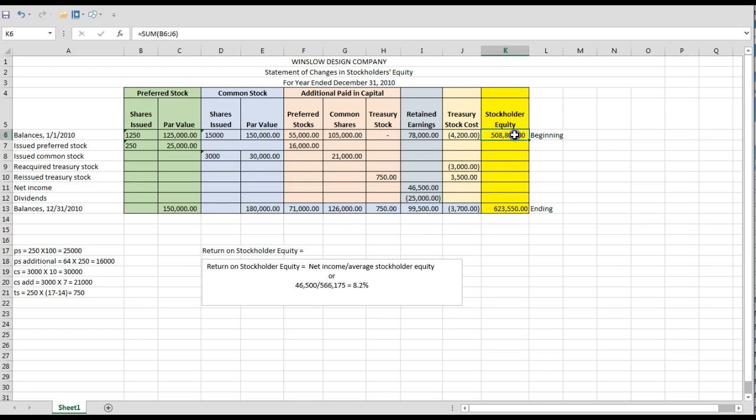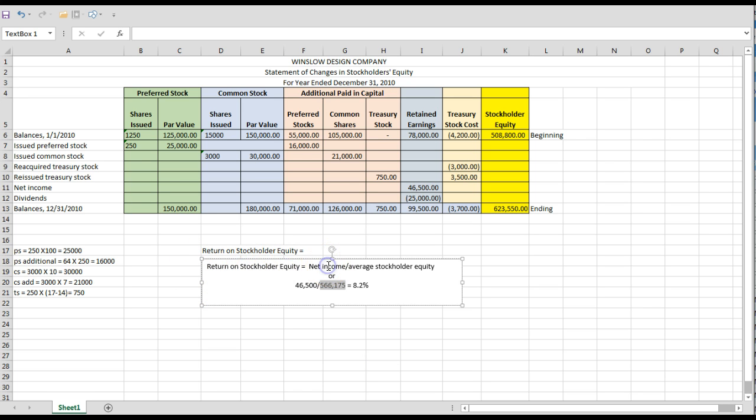We started with $508,800, and if you add this across, you'll come up with $623,500. Now these two numbers are really important because you're going to average those. And that average comes up to $566,175.